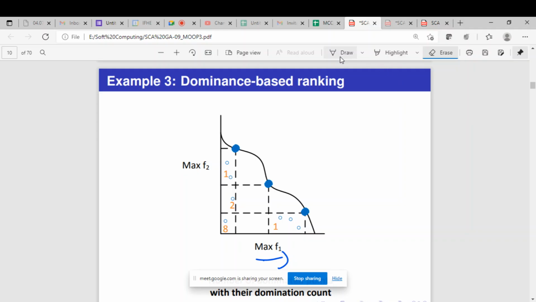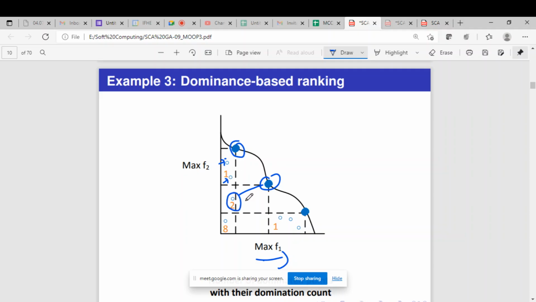Both conditions, you tell me. Is this guy towards right and top? Is this towards right and top? No, this is towards top but not right. Is this towards right and top? No. So how many are towards right and top?